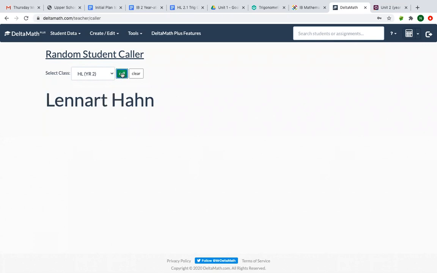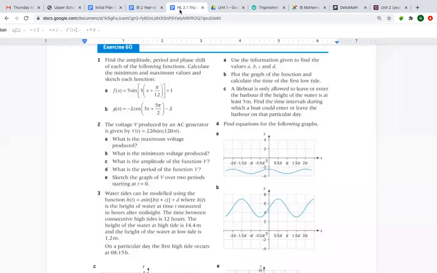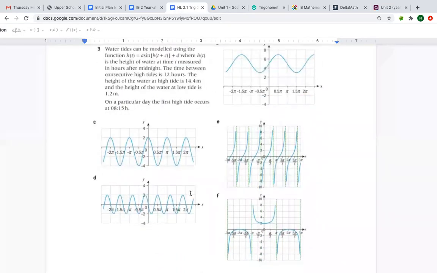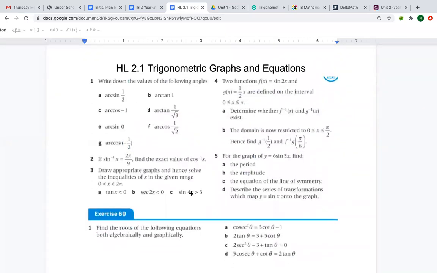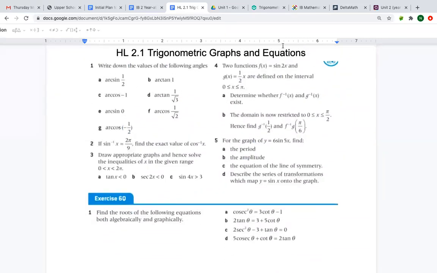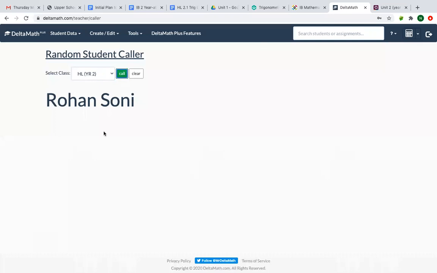Question 3 is Leonard. Question 4 is Rohan. And then into the second section now, right? So that's question 4. So into the second section, we have question 1.